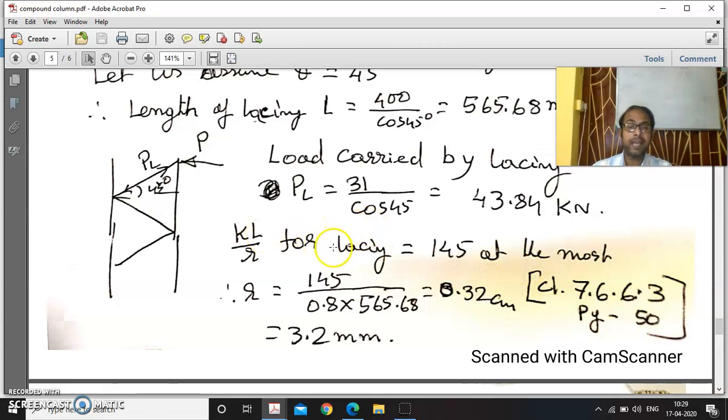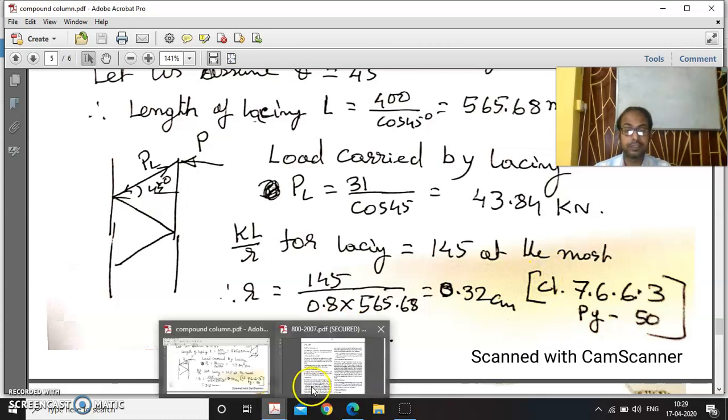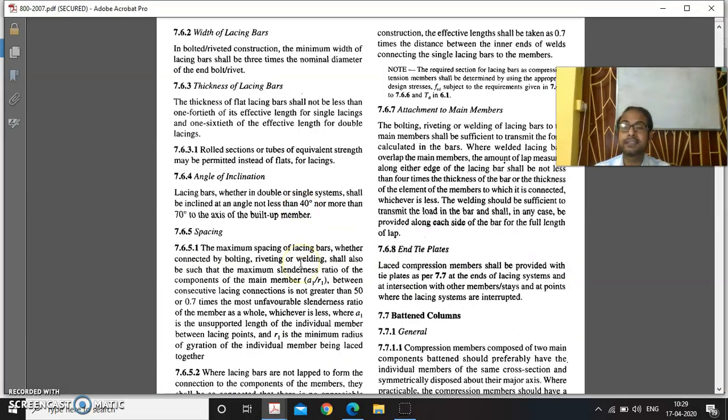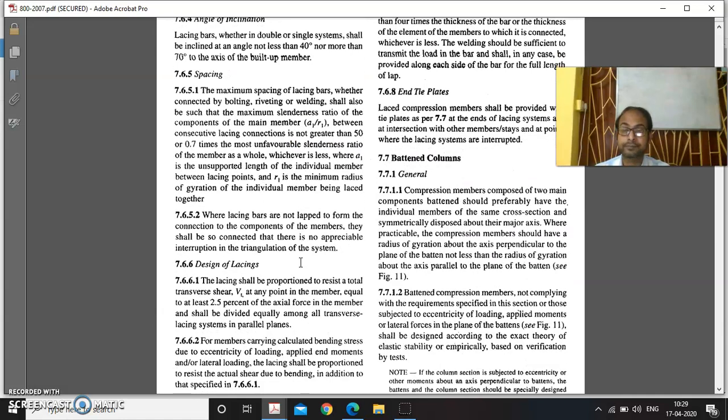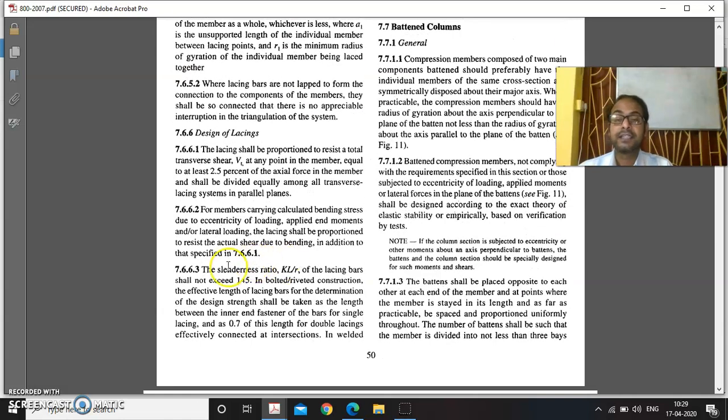Now, KL by r of the lacing is equal to 145 at the most, which is mentioned in the code in clause 7.6.6.3. Here, the slenderness ratio KL by r of a lacing member shall not exceed 145.